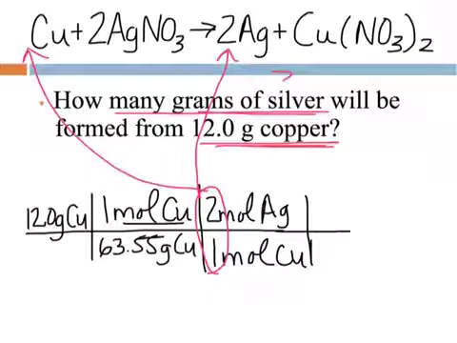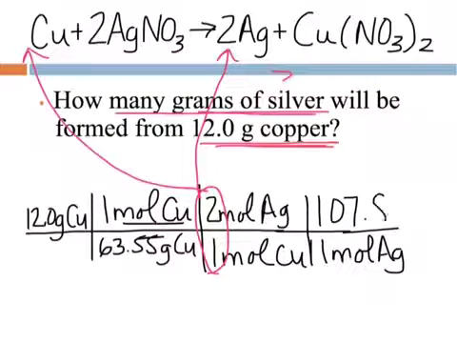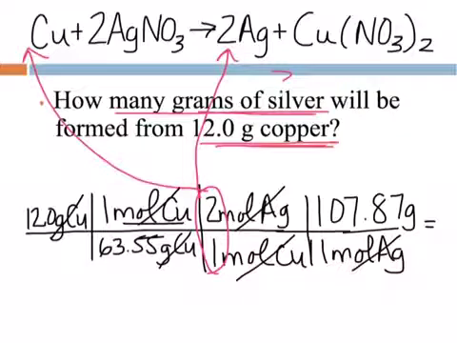Now we're in moles of silver. Now I just need to say that for every 1 mole of silver, it has a mass of 107.87 grams. Again, that's from the periodic table. So grams of copper cancels, moles of copper cancels, moles of silver cancels, and I'm left in grams of silver.